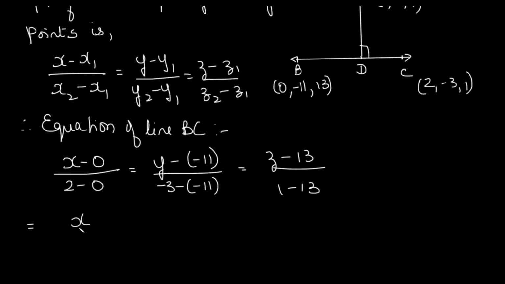So it becomes x upon 2 is equal to (y plus 11) upon (11 minus 3), that is 8, which is equal to (z minus 13) upon minus 12. So this is the equation of line BC. Suppose we take it equal to lambda.